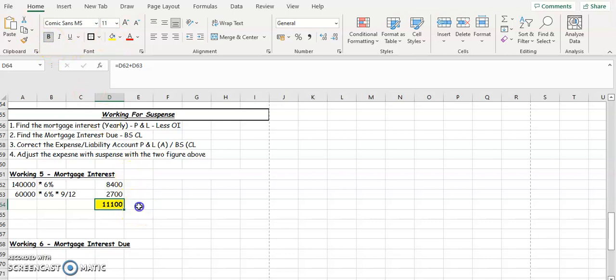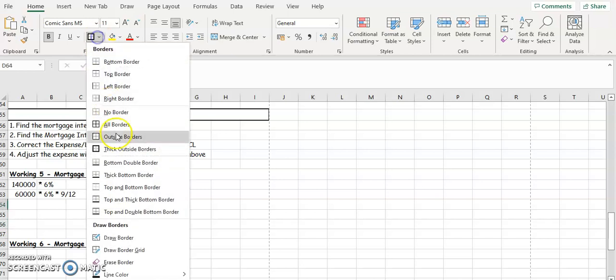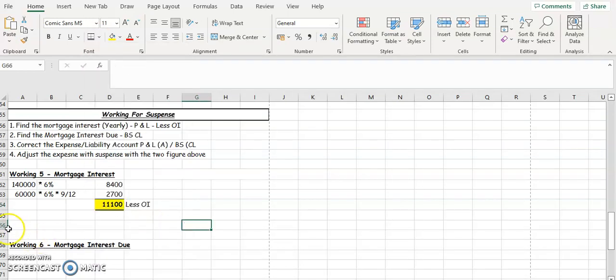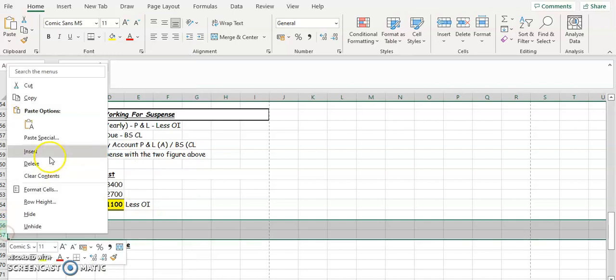Okay, and that's going to go into less operating income. So the next thing we need to do is we need to find out what our mortgage interest should have been.